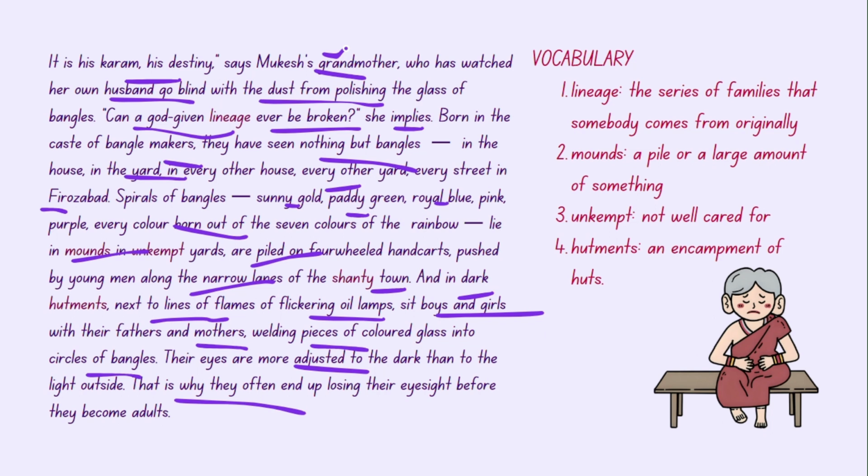They are more comfortable in the darkness because they have to sit in those dark holes or dark places with the furnace all day long to make bangles, which is why they are more adjusted to the dark. They're not adjusted to the light. And this is why they have to end up losing their eyesight even before they become adults. This is the story of every bangle maker in the town of Firozabad.